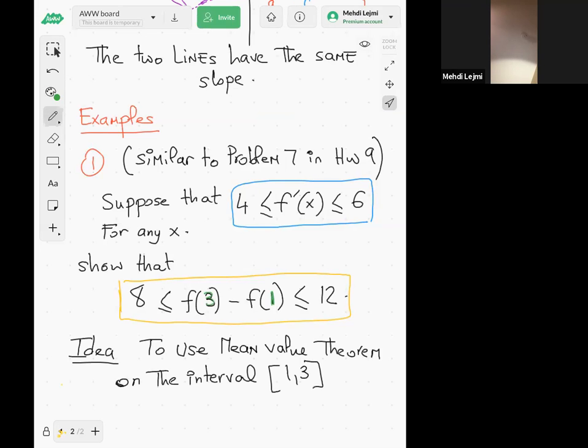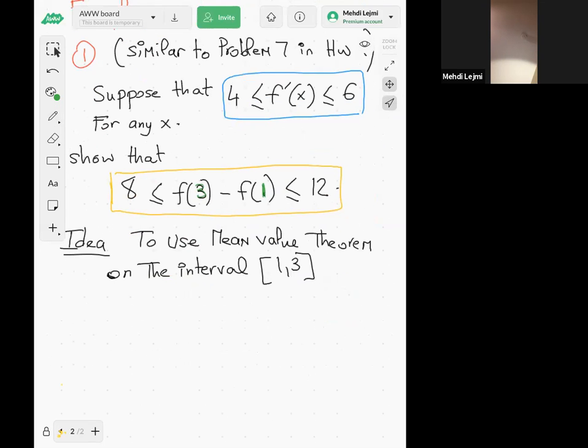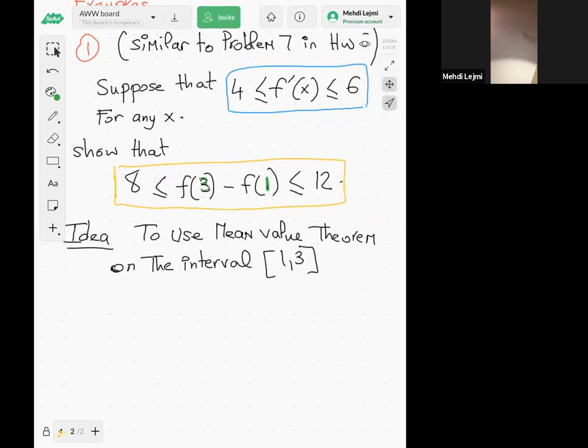So on this interval 1, 3, you know that there exists an f prime of c.